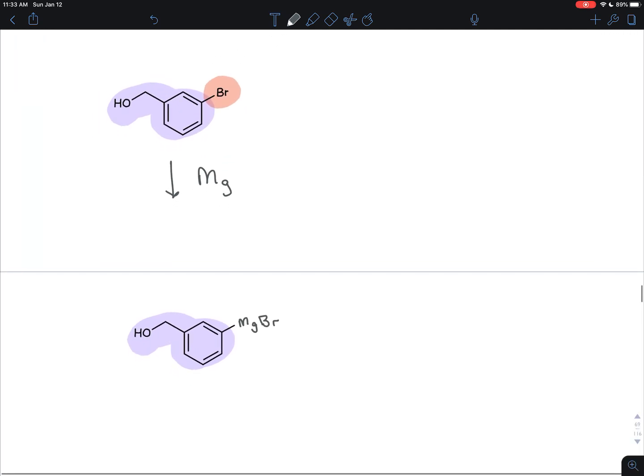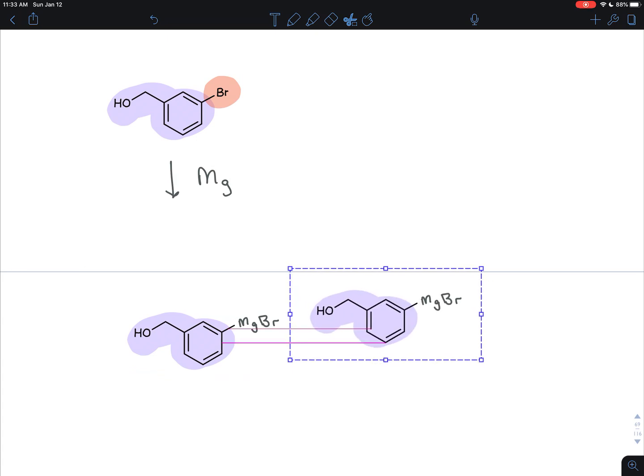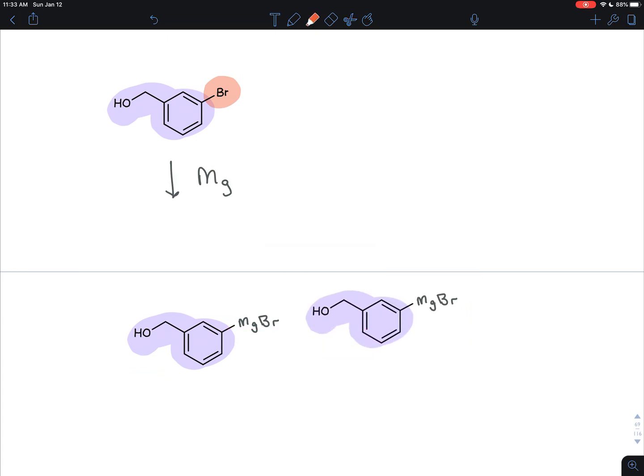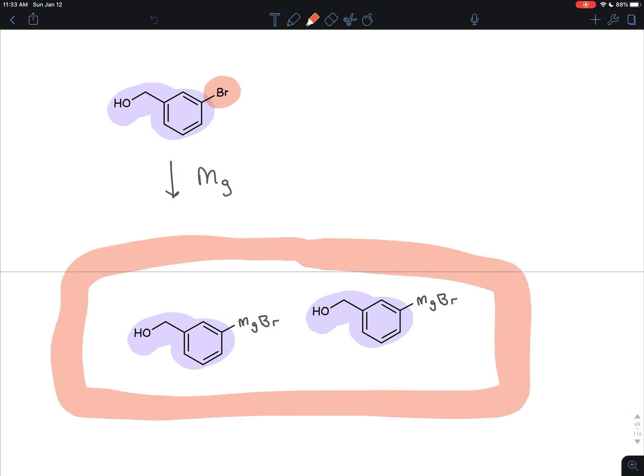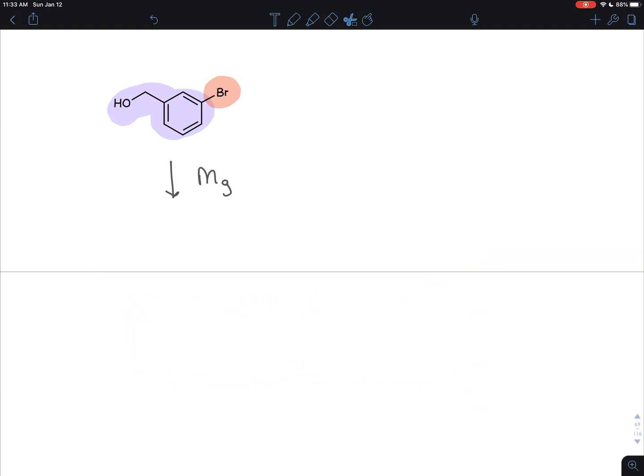But just like we saw in the last video, the Grignard reagent reacts with alcohols. And so if you have even just a drop of this liquid, a drop would have hundreds of trillions of these molecules. The Grignard on one would attack the OH on the other, like we saw in the previous video. And so you wouldn't be able to form that Grignard reagent as written, because this alcohol is reactive.